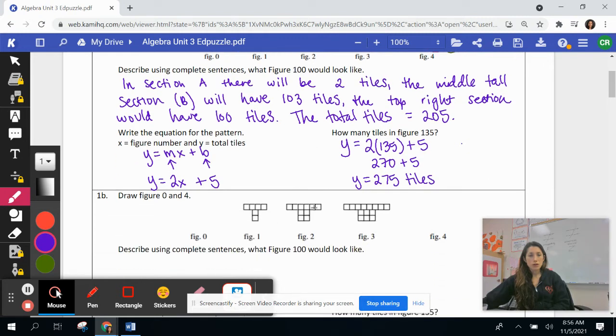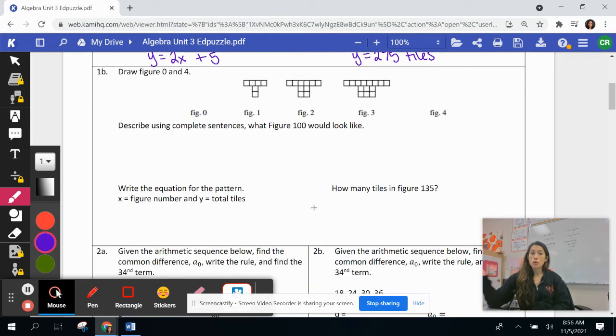Okay, so for question 1B, which you are trying on your own, you are going to go ahead and draw in figure 0, draw in figure 4, and describe using complete sentences what figure 100 would look like.